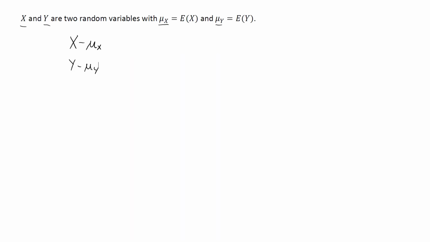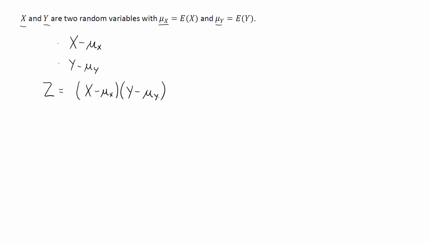vice versa. The covariance between x and y is based on creating a new random variable z, which is the product of these two centered versions. So it's x minus mu x multiplied by y minus mu y. If we only consider the sign of z for a while, we see that z will take a positive value when both parentheses are positive or when both of them are negative.